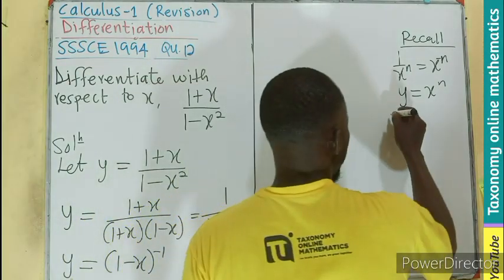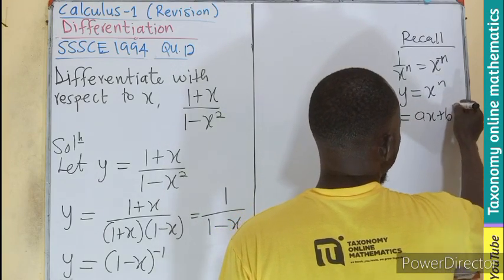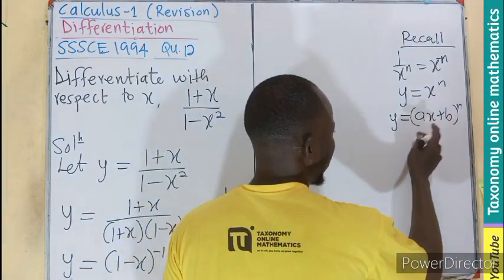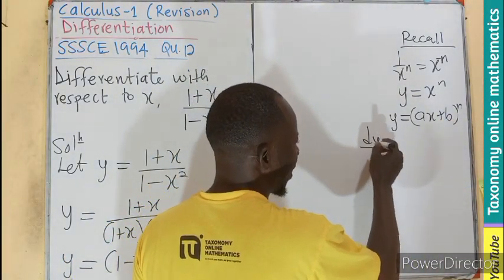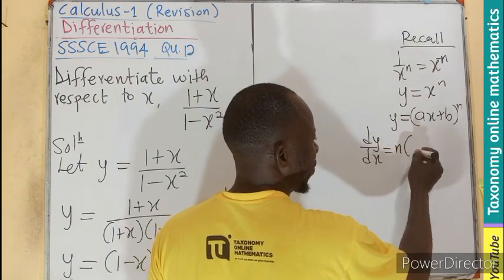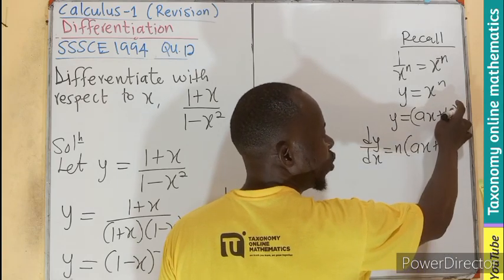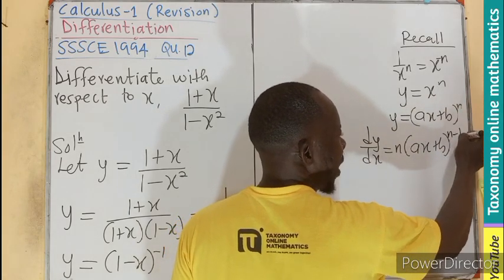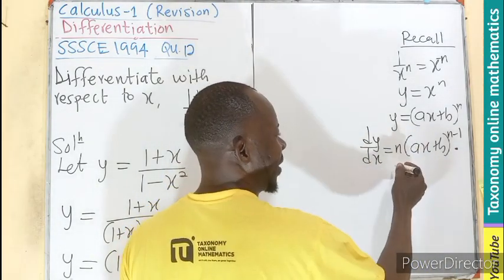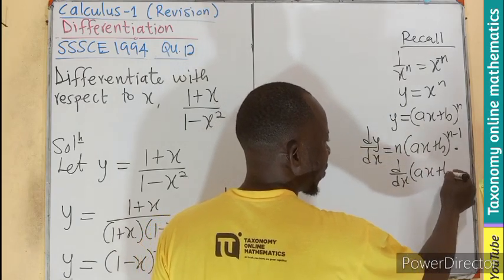If you have y equals (ax plus b) exponent n, that simply means your dy/dx will become n coming forward to multiply the function, then we reduce the power by 1, then we multiply by the differentiation of the terms in the bracket.